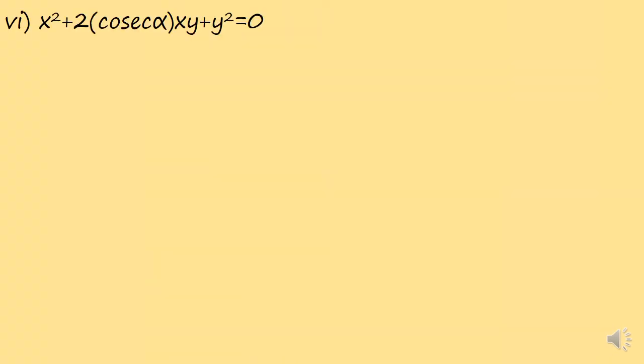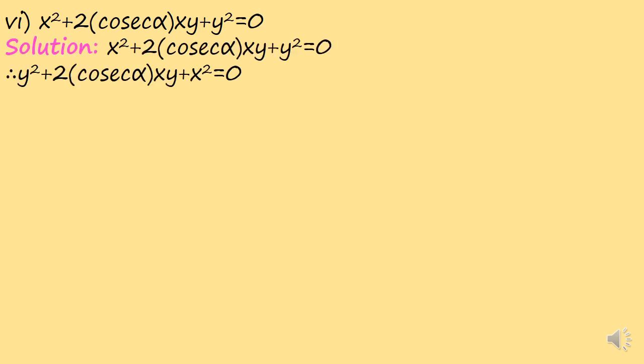Pay attention to this sum now. The question is x square plus 2 cosec alpha xy plus y square is equal to 0. Now here we interchange the position of x square and y square. So we get y square plus 2 cosec alpha xy plus x square is equal to 0. Then we divide each term by x square. Thus we get this equation.